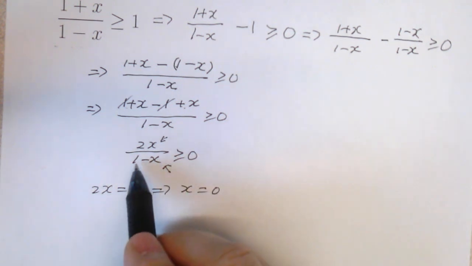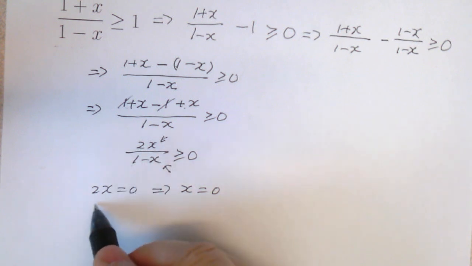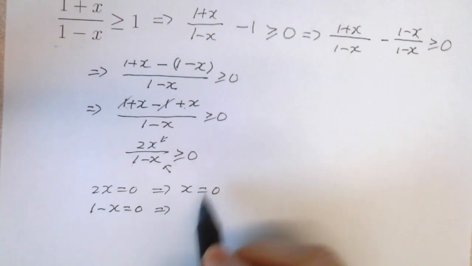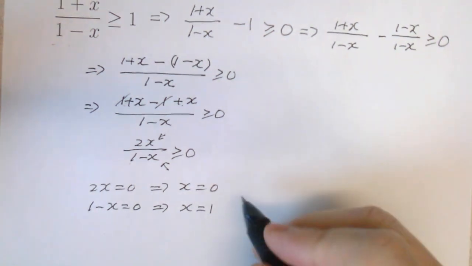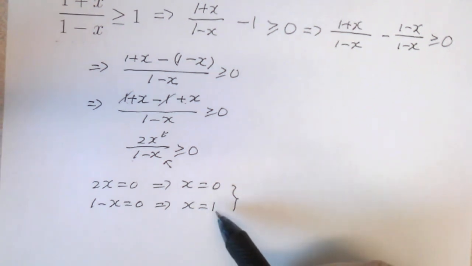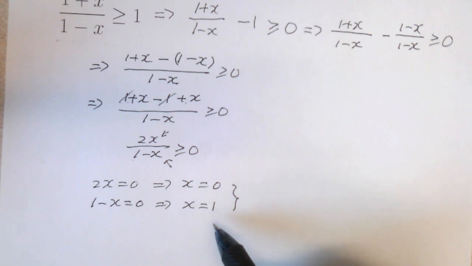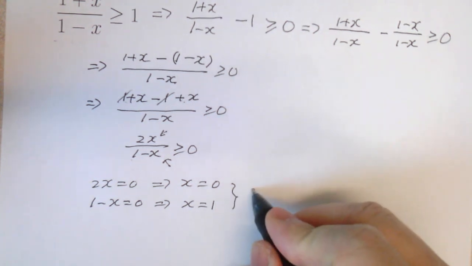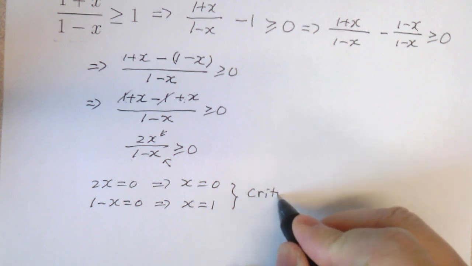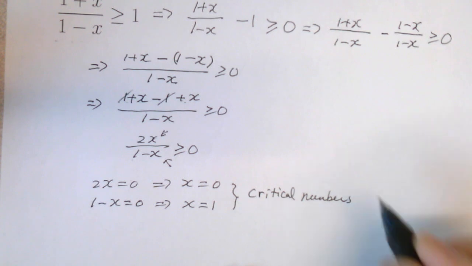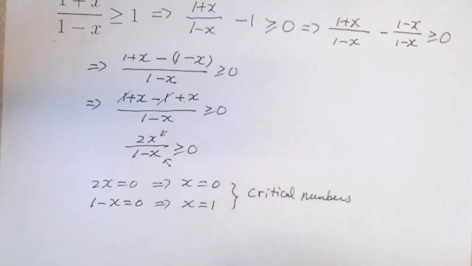And the zeros of the denominator means you set the denominator equal to 0, so you find x equal to 1. So therefore, we have these two numbers, x equal to 0 and x equal to 1. We normally call these the critical numbers.